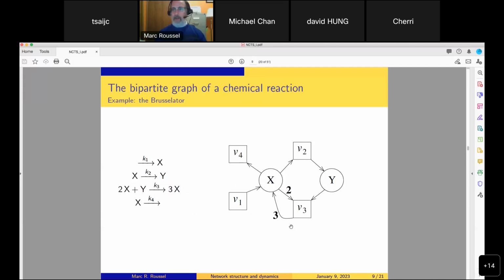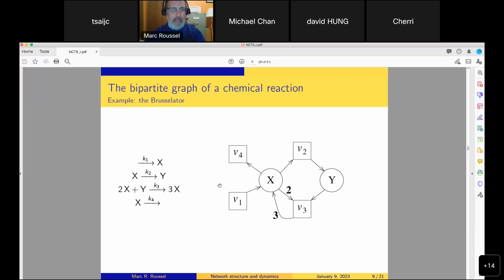So the bipartite graph, essentially what we do is we have species nodes, which I represent usually by circles, and we have reaction nodes, which I represent by squares. So in this particular example, we have two chemical species, X and Y. We have four reactions, and then arrows will point from a reactant to a reaction and then to the product.